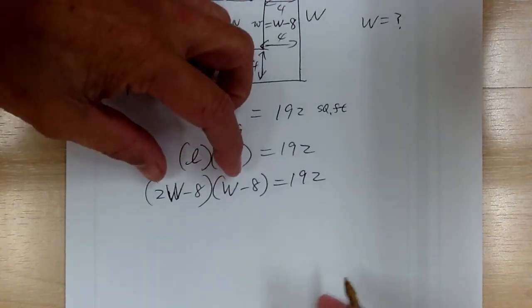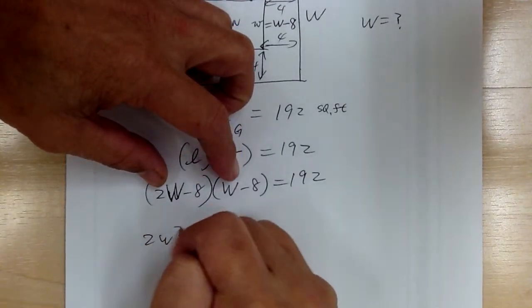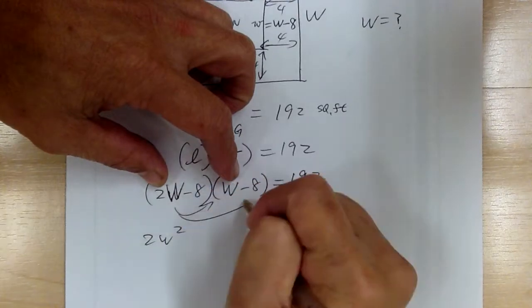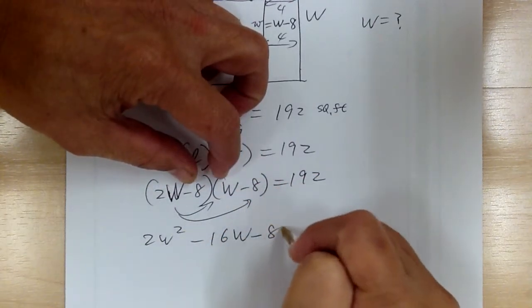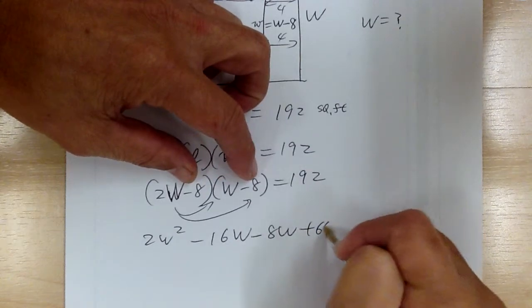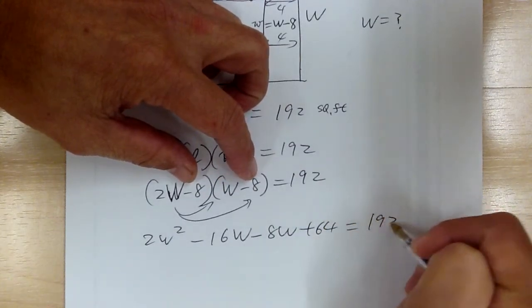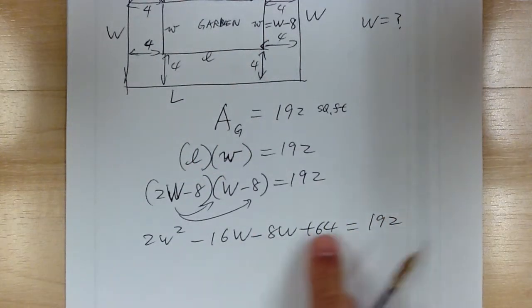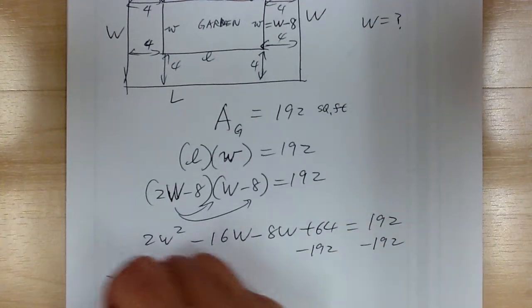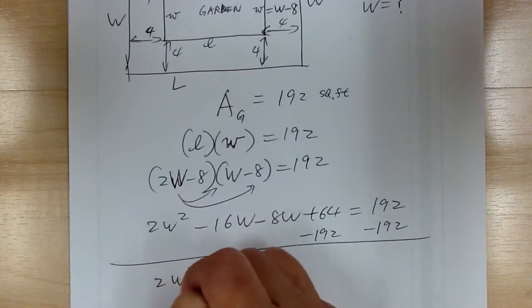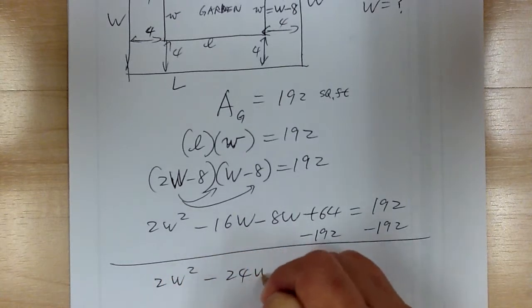Okay, so go and distribute, so 2W squared, right? So multiply minus 16W minus 8W plus 64 equal to 192, right? For your method, right? FOIL. Now minus 192 minus 192, okay, so you're going to get 2W squared minus 24W, right?